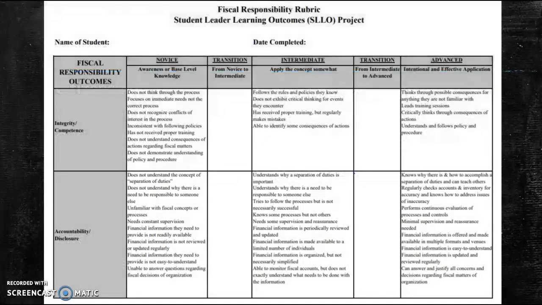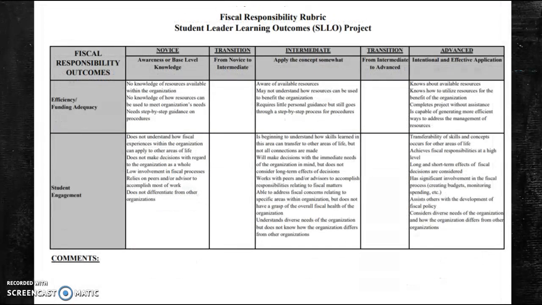And on this next slide is an example. So for instance, one of the content areas was fiscal responsibility. As you can see here, it really gives you a really good rubric to measure these kinds of things, and explains what students are looking to do in that specific content area.